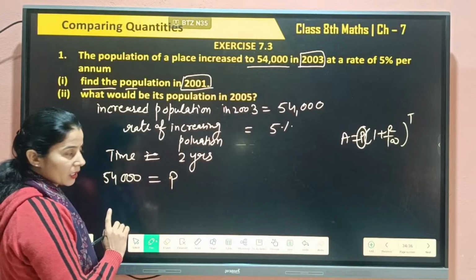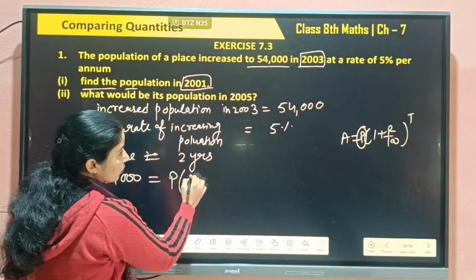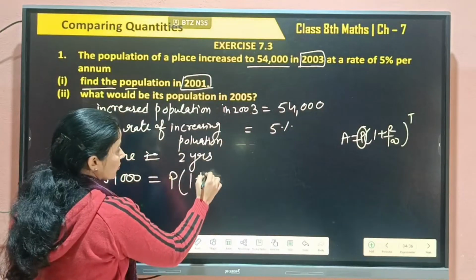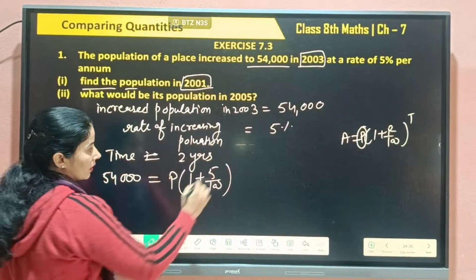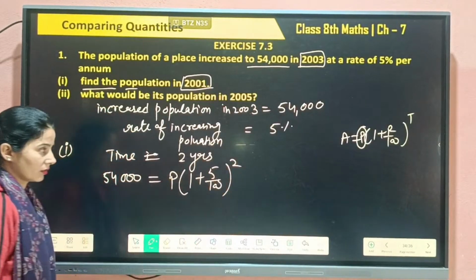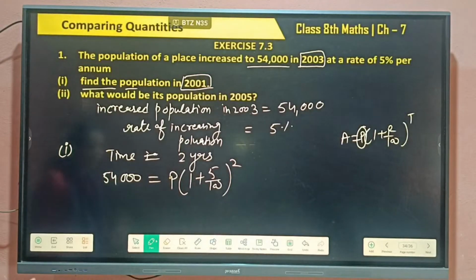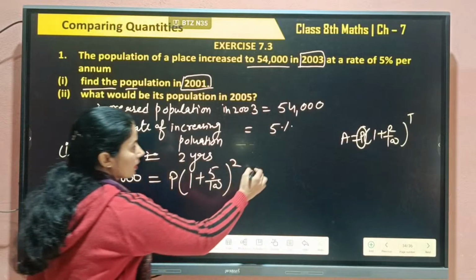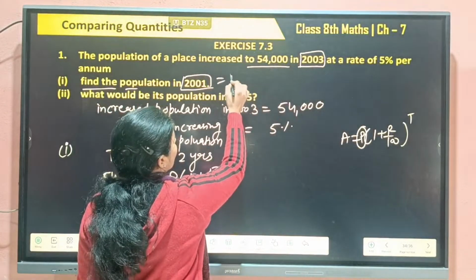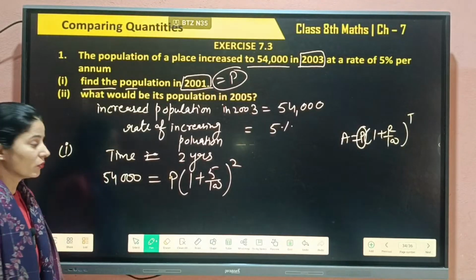This P will denote the population in 2001, into 1 plus r, 5% by 100, and its power is 2, because there is a 2 year gap between 2001 and 2003. So this principal we need to find out, and this P denotes the population of a place in 2001.